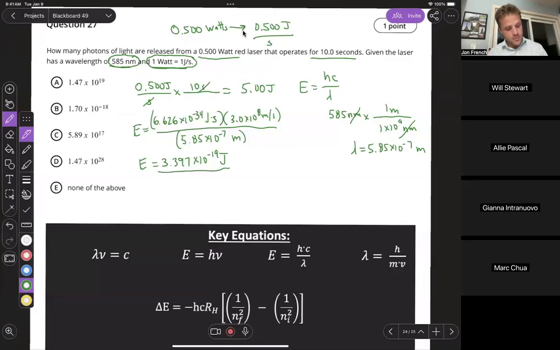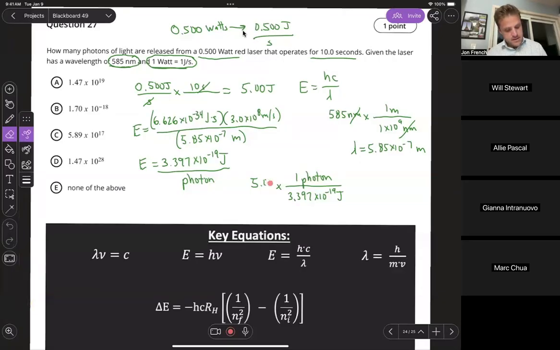So that is the energy per photon. Well, we need to make 5 joules, and we know I'm going to release 1 photon for every 3.397 times 10 to the minus 19 joules. So we want to divide.